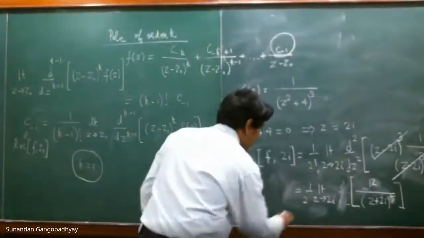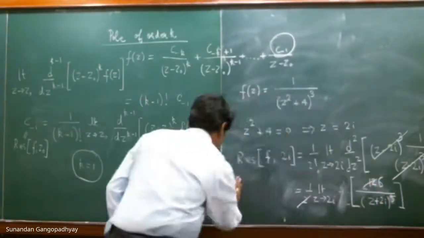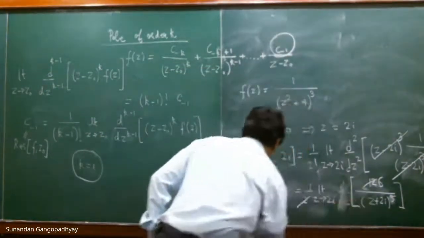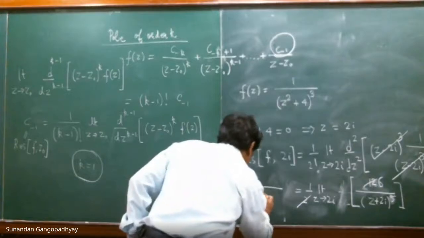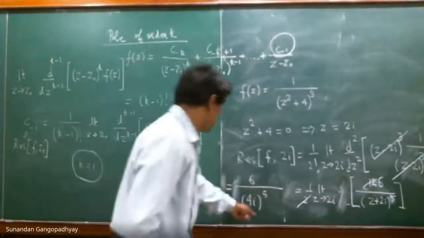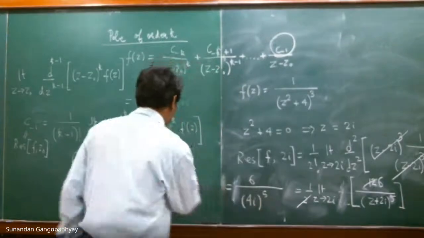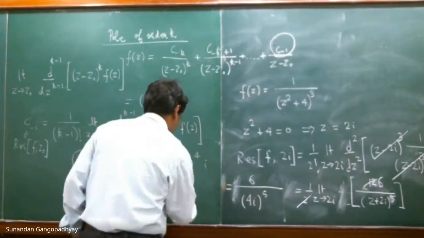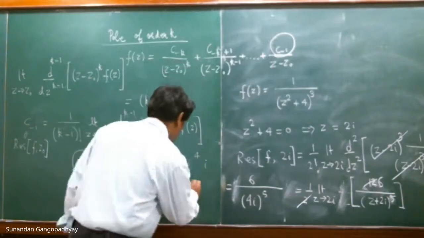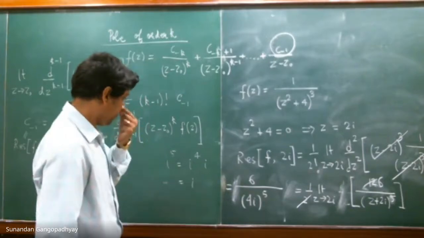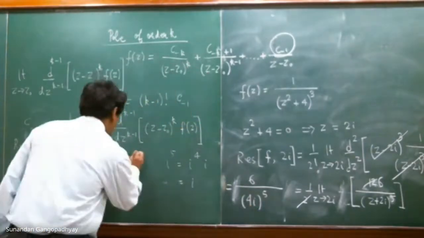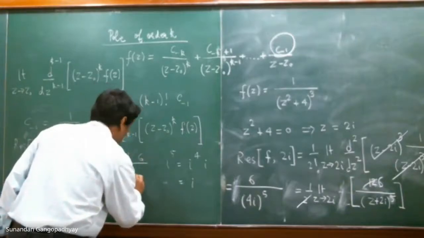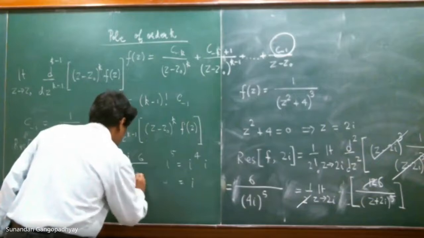If I put z is equal to 2i at this point, then this 2 and this 12 will cancel, so we will get a 6 divided by 2i and 2i, this will give us (4i) to the power of 5. So i to the power of 5, that is basically i to the 4 into i, i square is minus 1, therefore i to the 4 is 1, so i to the 5 is i. So you have i here, and so you will have minus 6 by i times 4 to the power of 5. So that is 2 to the power of 10.